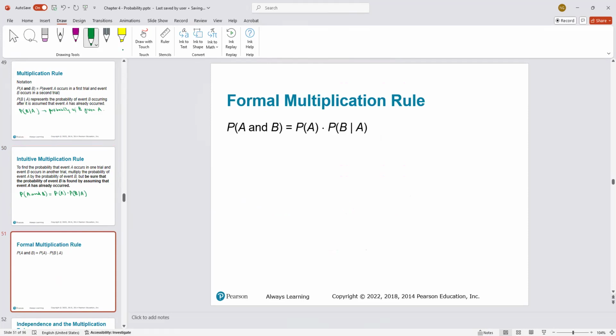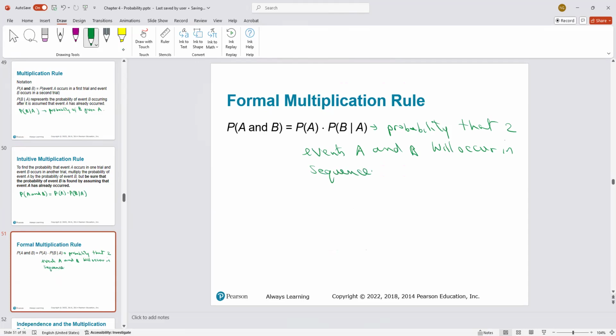The probability that two events A and B will occur in sequence, that's how we write it.